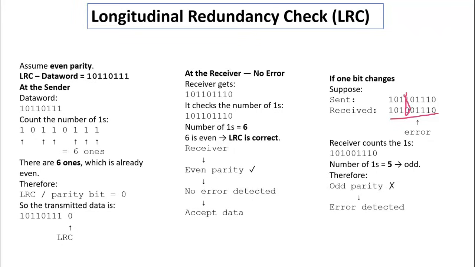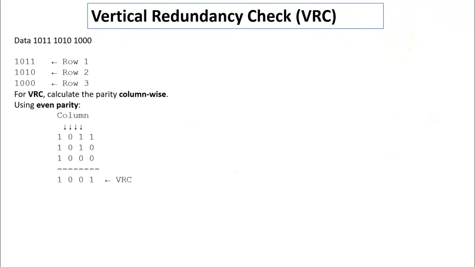Now what happens? The receiver counts the number of ones. The number of ones is 5, which is odd. So even parity has been agreed between the sender and the receiver. Since the number of ones is odd, an error is detected and the receiver is going to discard your frame.